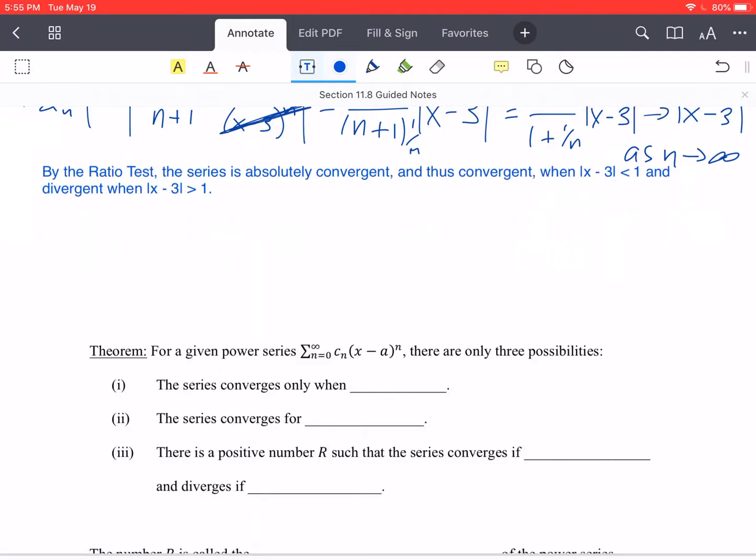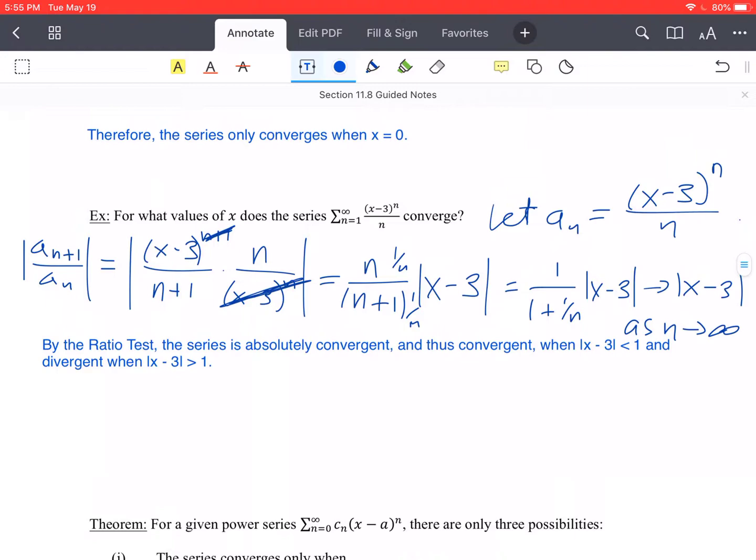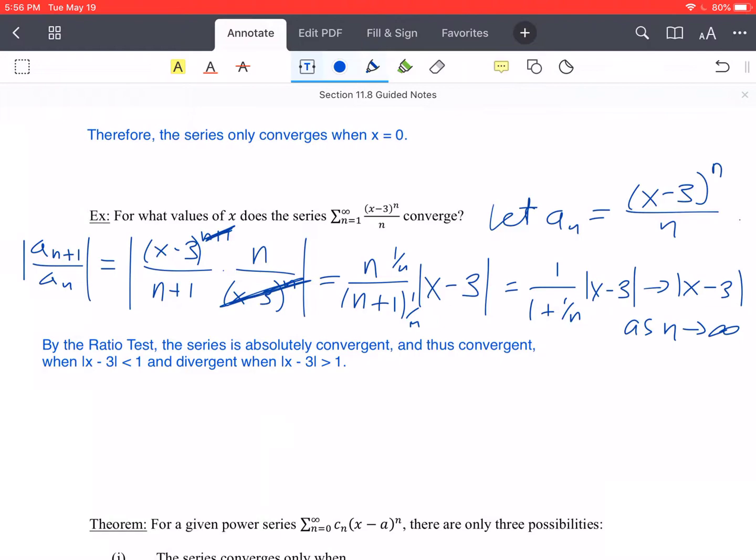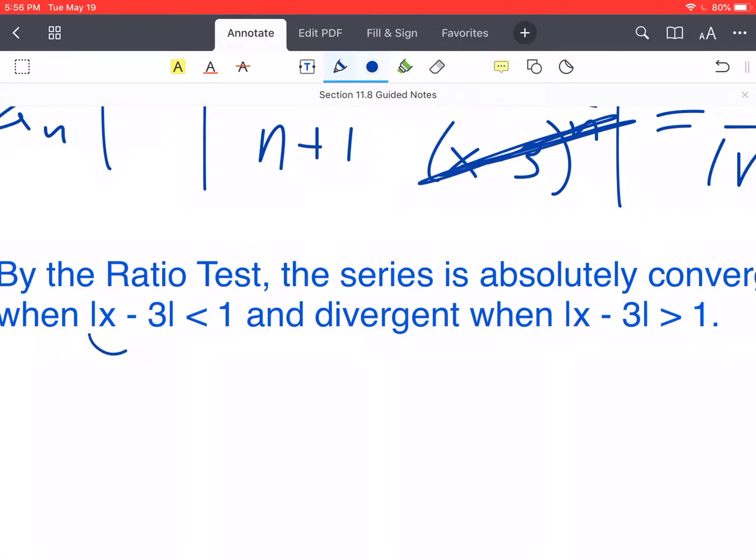There we go. Okay. So we need to look at what x values this gives us. So we can kind of break apart the absolute value into the double cases here. So this one is actually telling us when x is between 2 and 4. Okay, that's what it means.